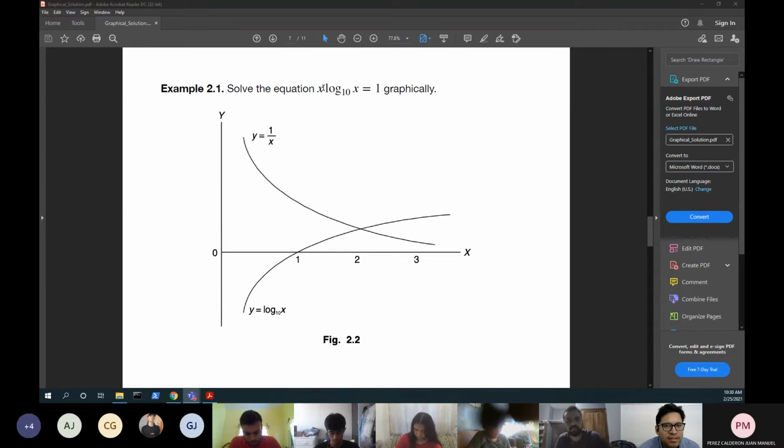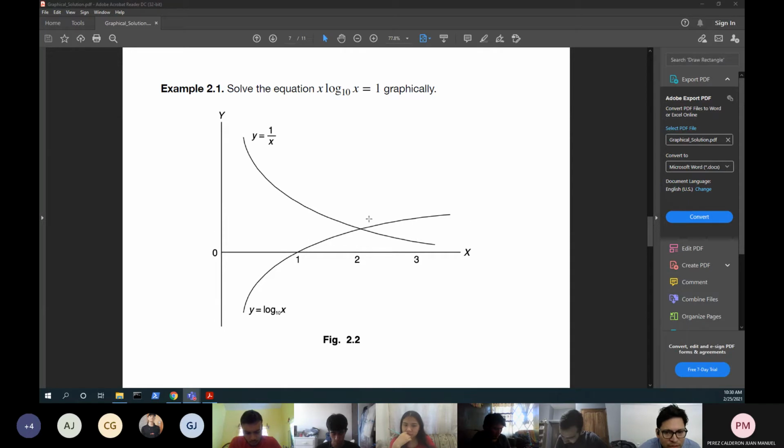I take this x to the right-hand side of my equation, and it's going to be 1 divided by x, right? So then I have one function here, y equals 1 divided by x, which is one line that I'm plotting for this side, and then log base 10 of x is going to be my other function.